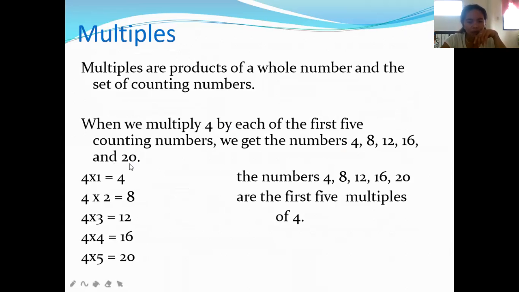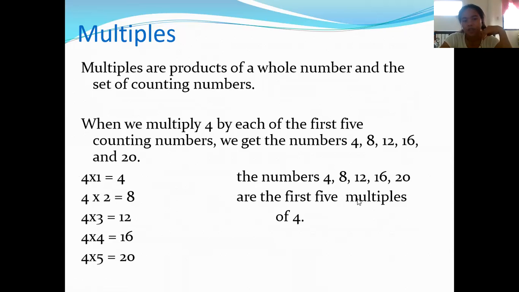Those are in your multiplication table, right? Those are the multiples in your multiplication table. So we have here 4 times 1 is 4, 4 times 2 is 8, 4 times 3 is 12, 4 times 4 is 16, 4 times 5 is 20. So these are the multiples of 4, which can be divided by 4.